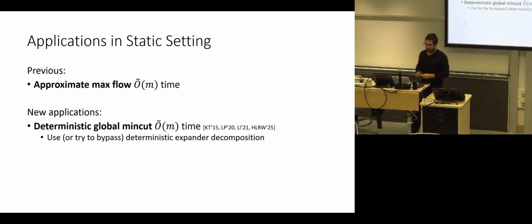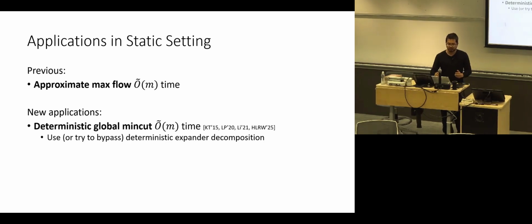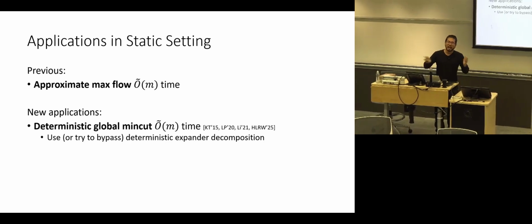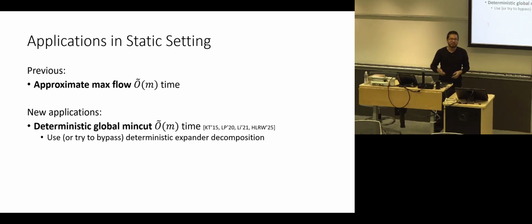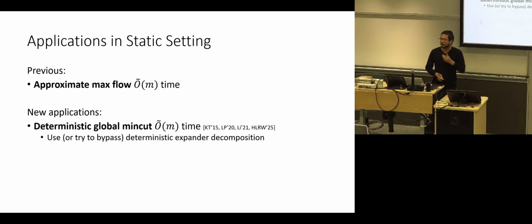You have a graph, and you ask how many edges you need to delete just to make the graph disconnected. So you don't fix S and T and try to disconnect S and T. You just ask to disconnect some pair. So that's the global min cut problem.